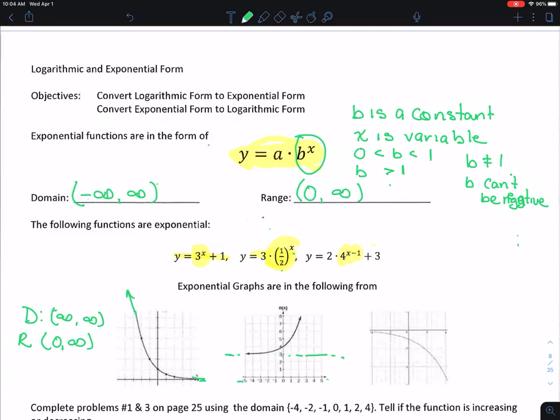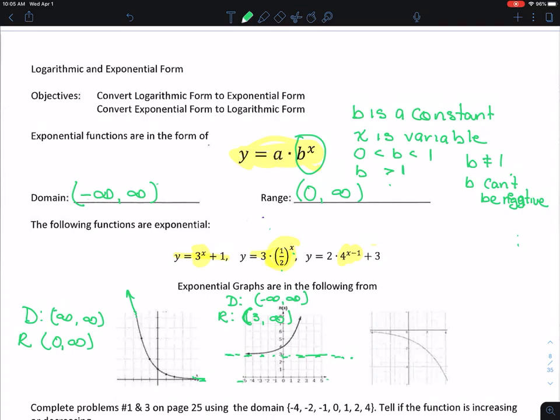If we look at this problem, we'll see that this has been translated up 3 units. So now our domain is still what? Yes, you're correct, negative infinity to infinity, but the range is from 3 to infinity. And notice 3 is still not included because it's never going to touch 3.